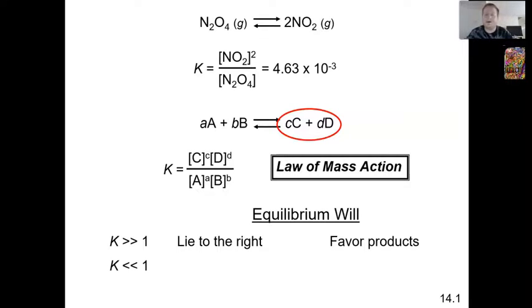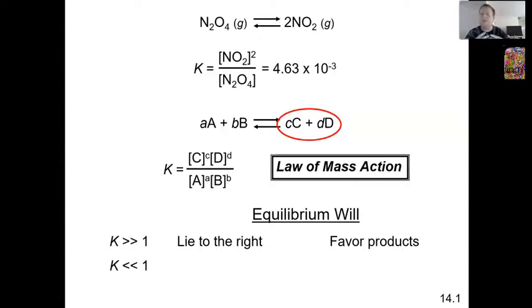Okay, and then alternatively, if K is less than 1, then we're saying that the denominator must be larger than the numerator, right? So that means that at equilibrium, because that's the only time that we use this equation, at equilibrium, that means that the reactants at that time must have actually been more than the products, which can happen, right?